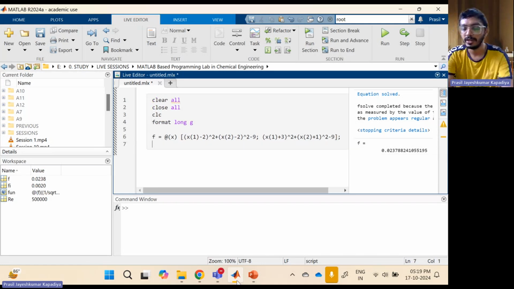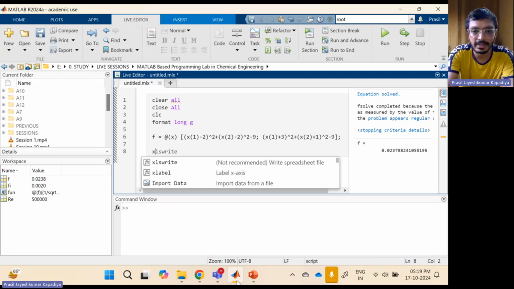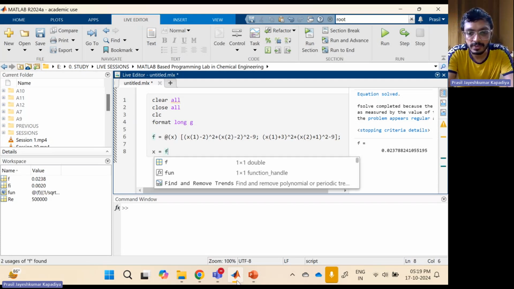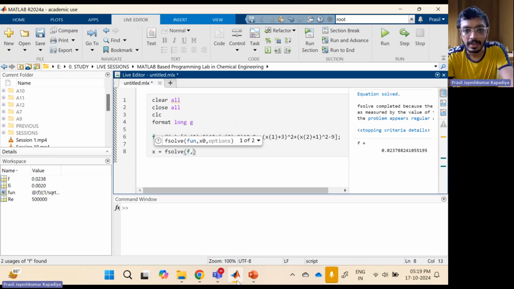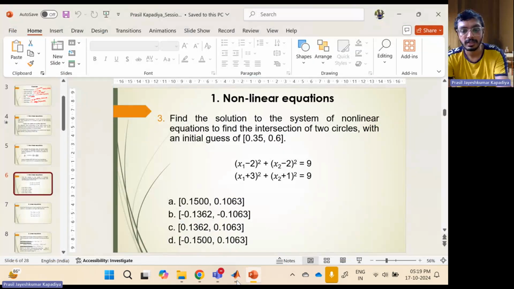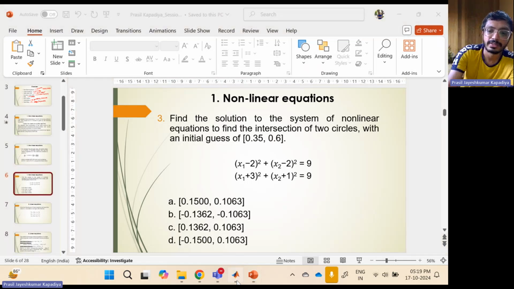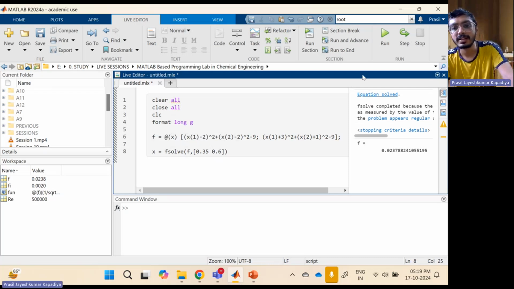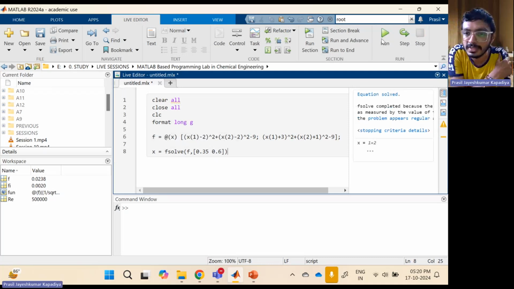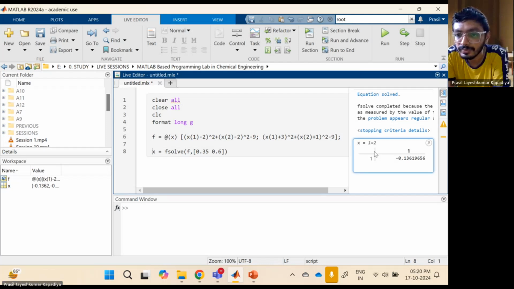Okay. So now what do I need to give? I just need to solve it. So let's say x is equal to fsolve of my function, that is f. And what is the initial guess told to us? That is 0.35, 0.6. Okay, so let's run it and see what solutions we are getting.